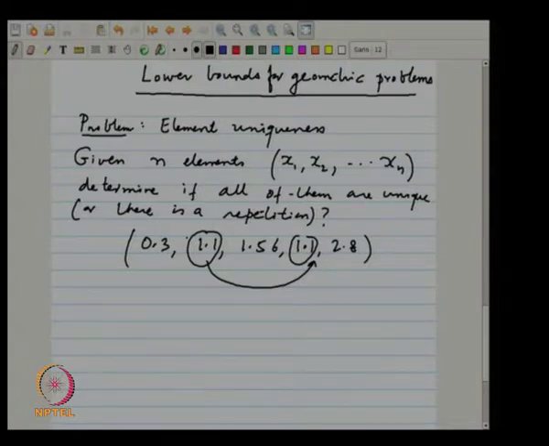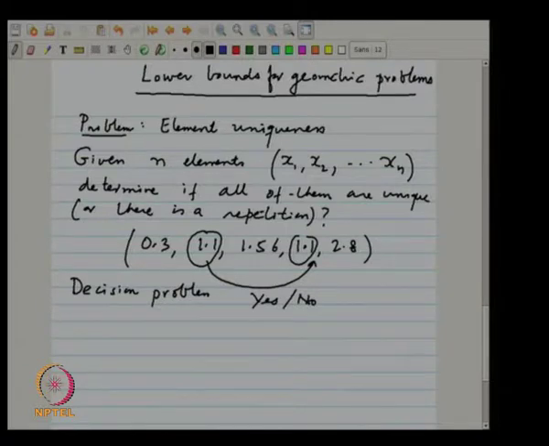So it's a decision problem, which has a yes/no answer. If you consider this particular instance, then the answer is no, right?